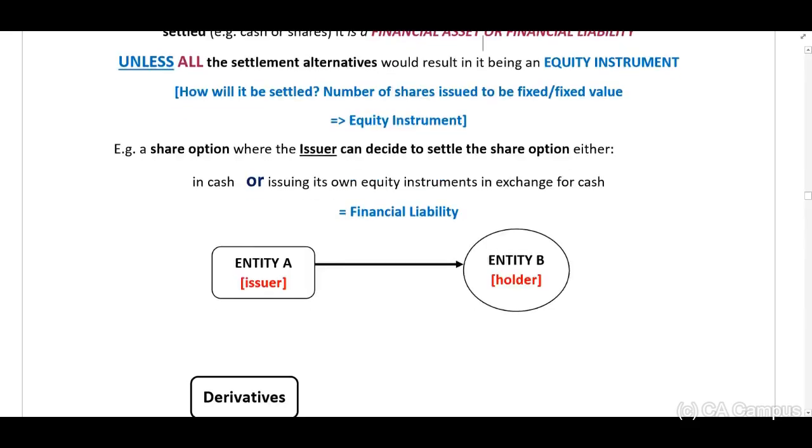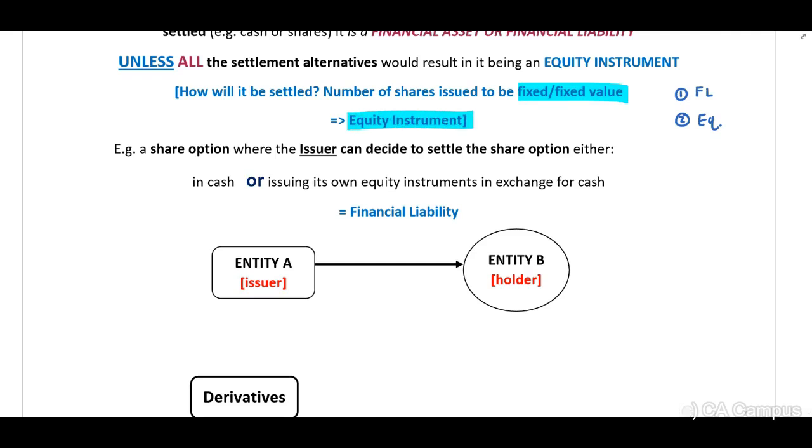When you look at this, remember we have indicated that it is difficult to identify if the credit leg is a financial liability or equity. When a scenario indicates to us that settlement will be fixed or have a fixed value, immediately you need to identify that this will be an equity instrument.